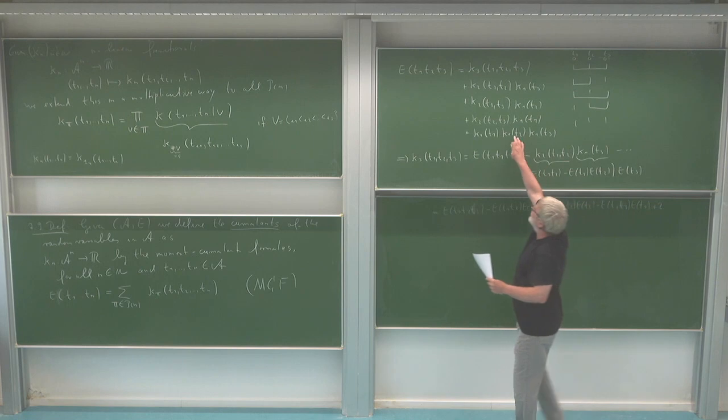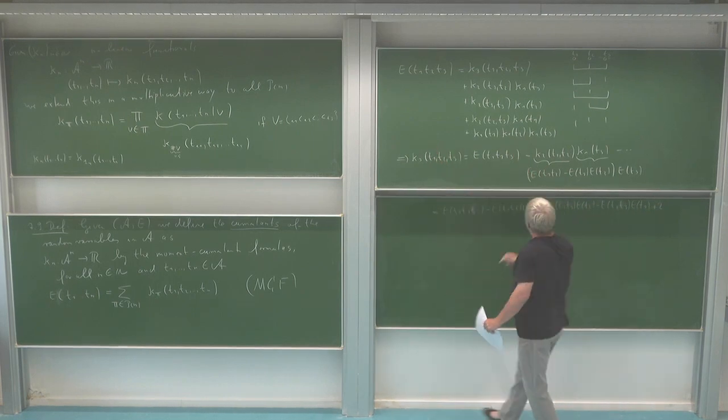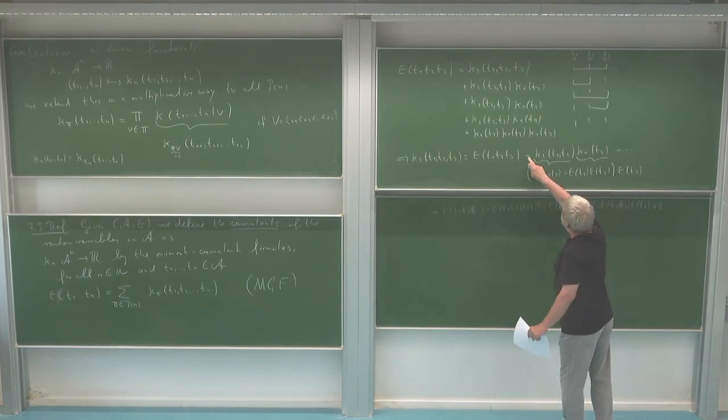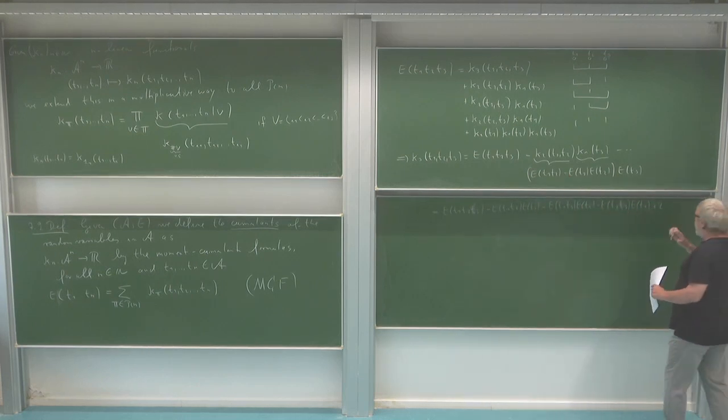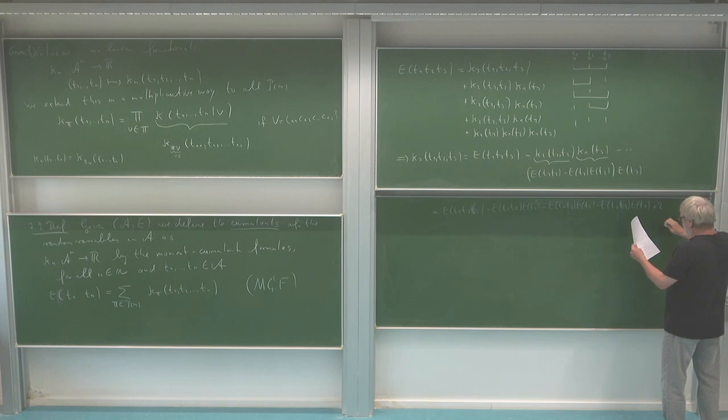Okay, I mean, this goes on the other side. This gives me a minus, and those here actually give me a plus, because I have a minus here and a minus here. So I have 3 times with a plus, once with a minus, so I get in total plus 2 times E of T1, E of T2, E of T3.